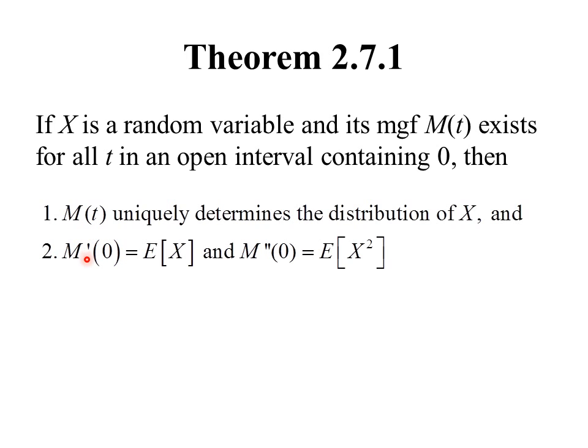So if I take the derivative and then plug in t equals 0, I get the expected value of X. And then second, it tells us that the second derivative evaluated at 0 is equal to the expected value of X squared. So this first part tells us I can use the moment generating function to find the mean, or the expected value of a random variable. And then that part, along with the second part, I can use to find the variance.